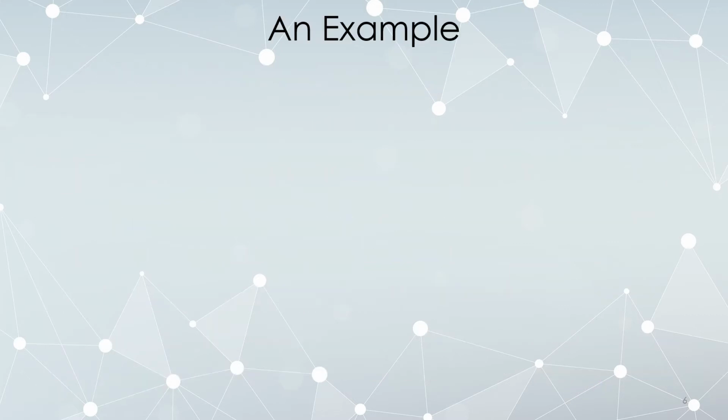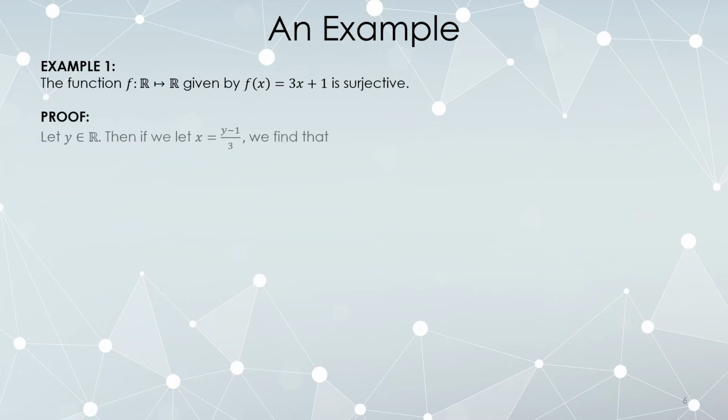Let's take a look at an example. So here's the first one. The function given by 3x plus 1. We already showed this function was injective. Now we're going to show that it is surjective. So start with an arbitrary element of the codomain. So we have started with an arbitrary element of the codomain R, totally not specified. Now we need to find one particular element of the domain.